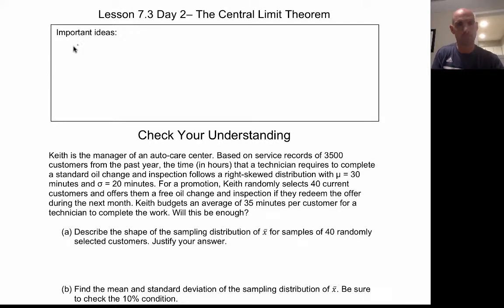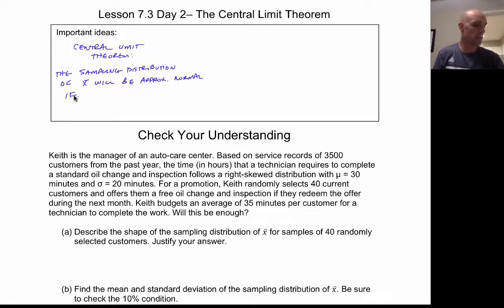So here's the central limit theorem. The central limit theorem says this: the sampling distribution of x bar will be approximately normal when the sample size is large, right?